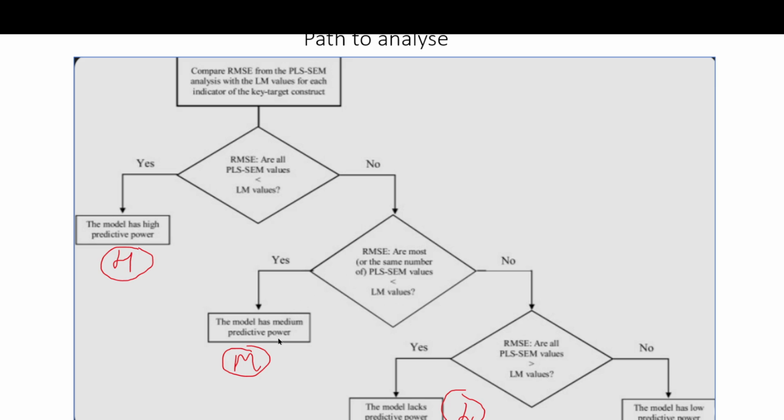If yes, then the model has medium predictive power. If no, then are all PLS-SEM RMSE values greater than LM values? If yes, then the model has low predictive power. And if no, then the model has very low predictive power. So in this way, you can make your decision for the predictive relevance power of the SEM model.